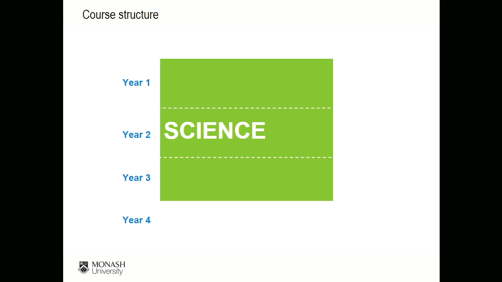So you need to complete all of the course requirements so that you can graduate. So in terms of what your course structure looks like, generally we've got units in year 1, year 2 and year 3. So you have three years' worth of coursework, and then you have a fourth year honours project. You also have elective space. So generally in this degree you need to complete 3/4 of your units in the science faculty, and then you have 1/4 of your units which can come from anywhere.